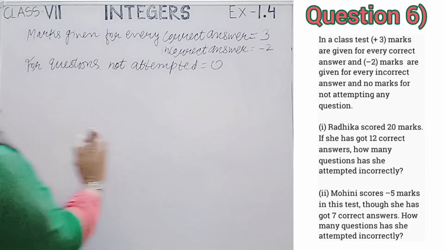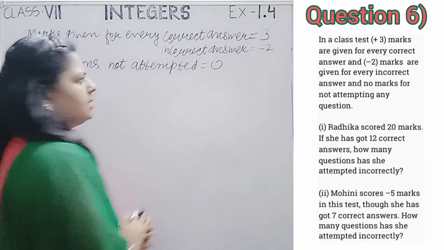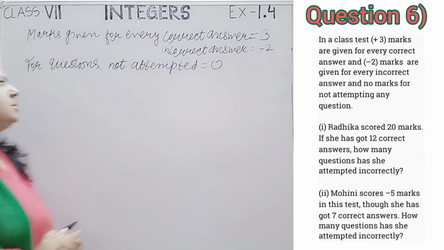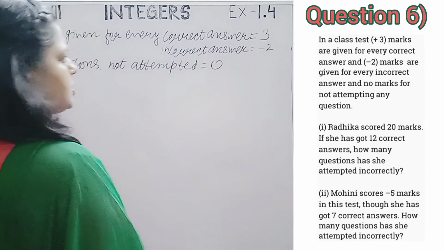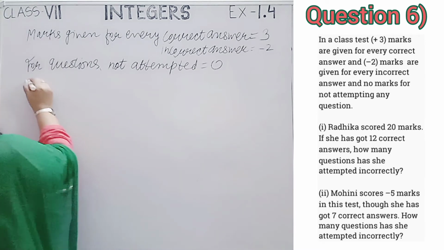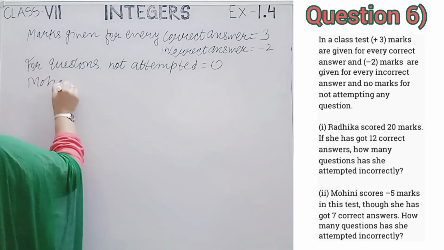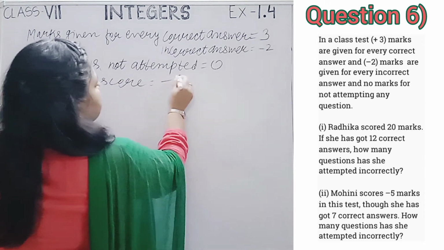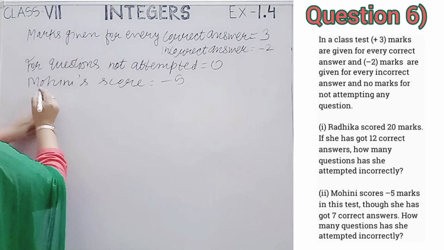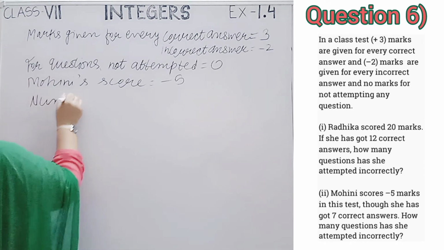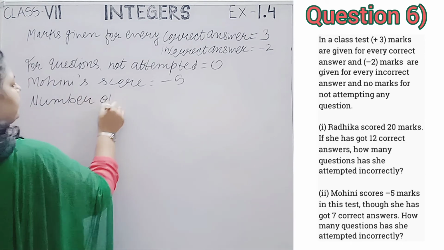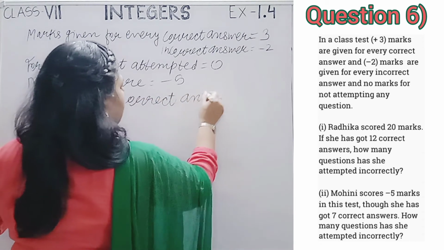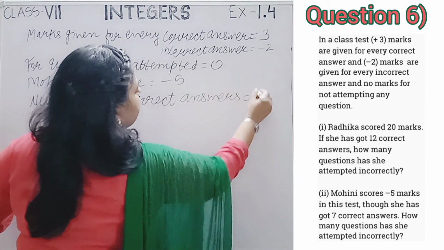Now we already discussed marks given for every correct answer is 3 and incorrect answer is minus 2 and for question not attempted 0. So here Mohini's score is given, and this is minus 5. Number of correct answers, how many? 7.